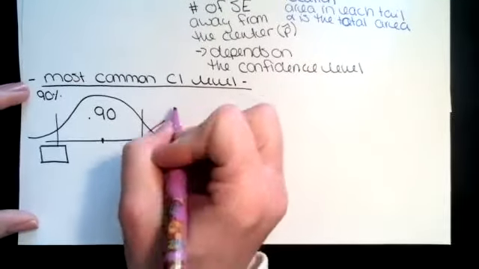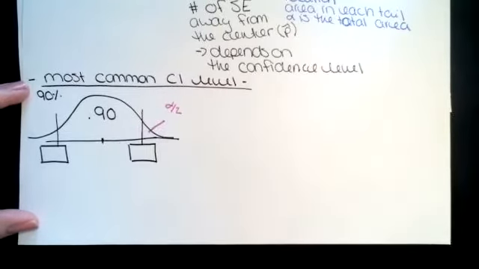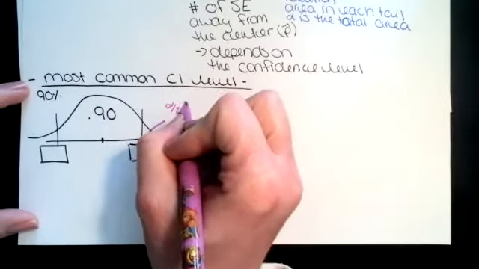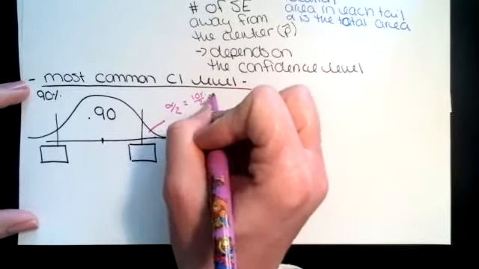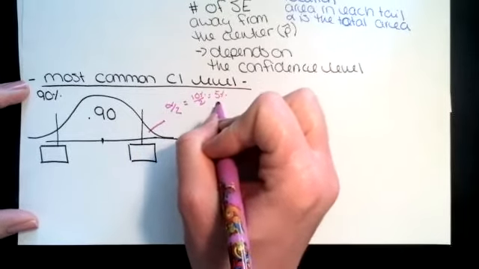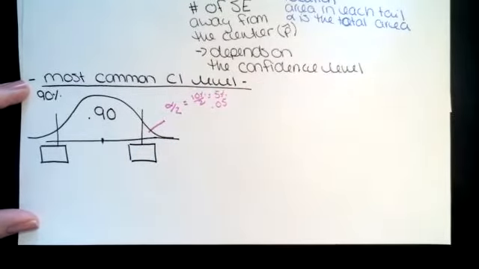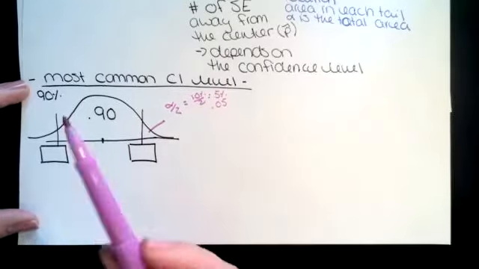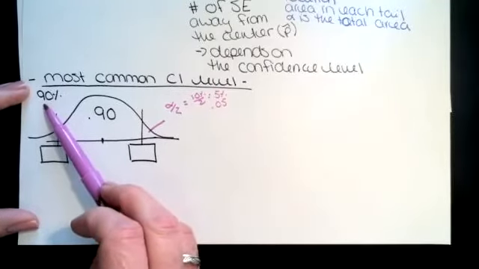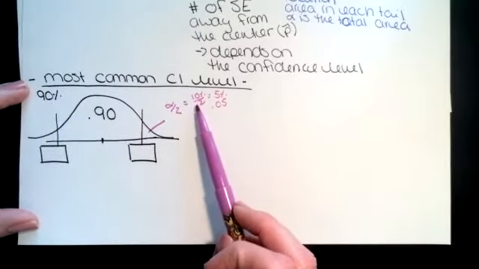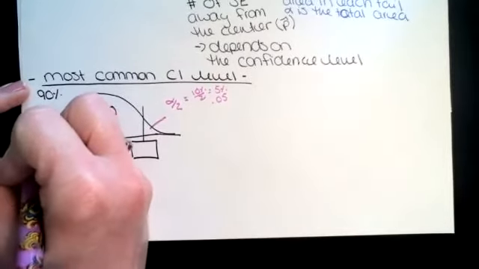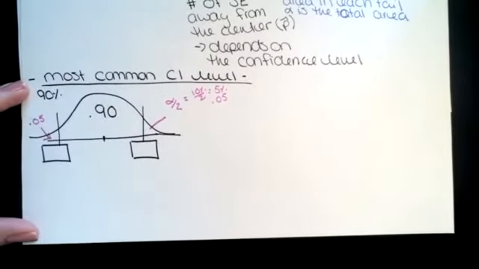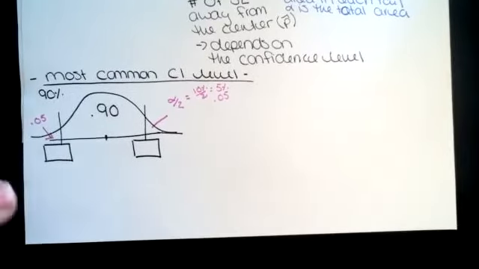This right here is alpha divided by 2, which in this case is 10% divided by 2, which is 5%, or 0.05. Does that make sense? It's 10% because I'm looking at 90%. 100 minus 90 gives me 10%. Divided by 2, I have 5% in each tail. See that? 0.05 in both tails because it's centered, always centered.